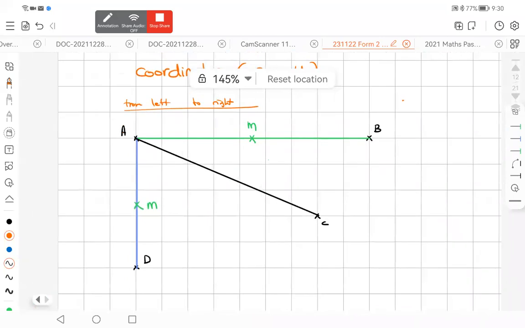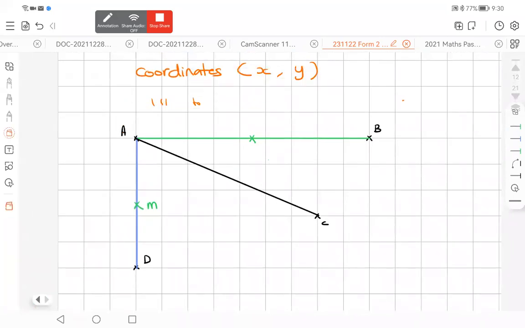Gradient of line AB equals to, what is the gradient of a horizontal line? Is it steep or not steep? Just put it in a simple way.